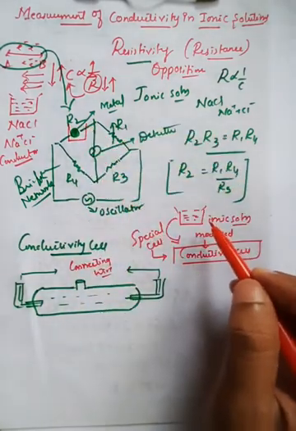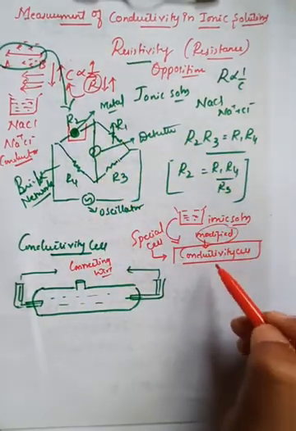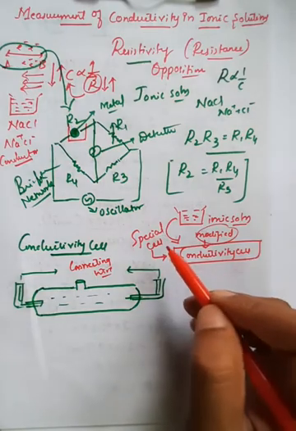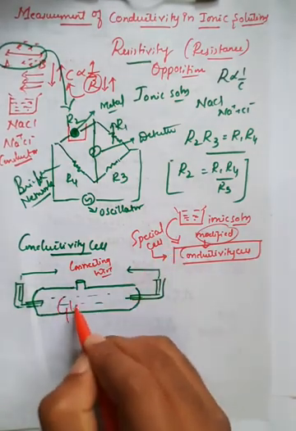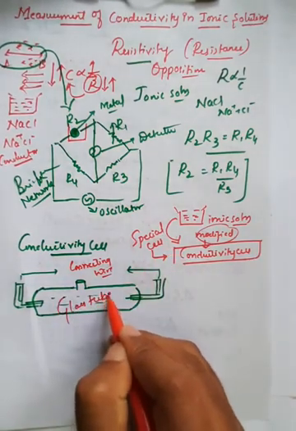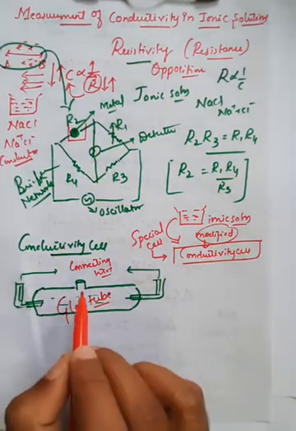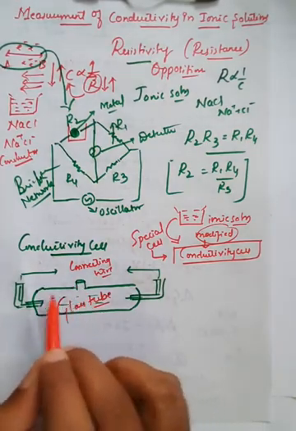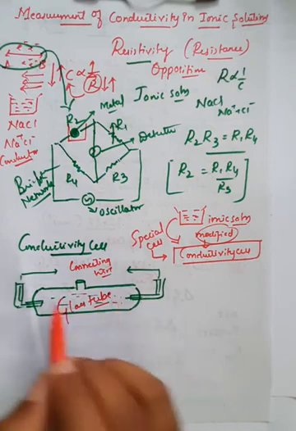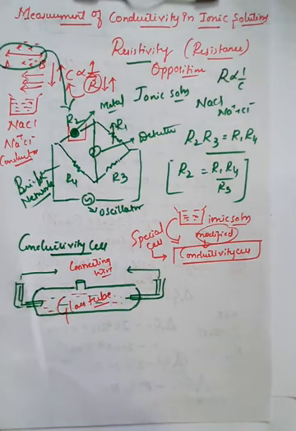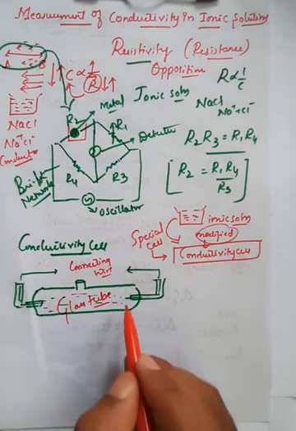First we have to modify it into a conductivity cell, which is known as a special cell. That is the glass tube, with an opening for inputting the electrolytic solution or the ionic solution which you take for the calculation of resistance.